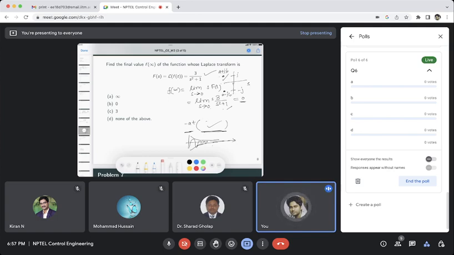So one question will be, can you apply final value theorem if there is a pole at 0, that is the 1 by s term? Can anyone answer? A single pole is there.